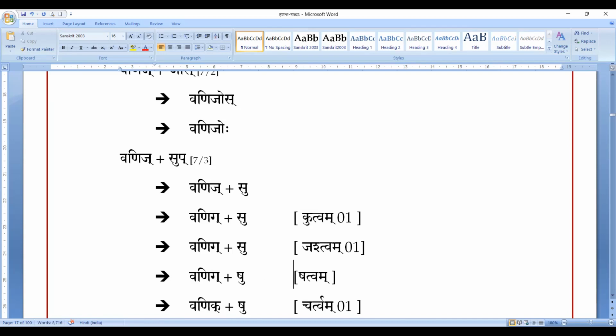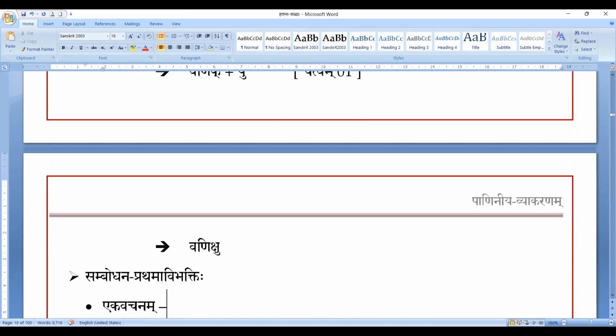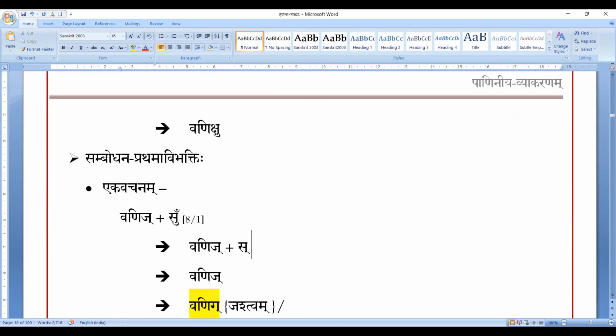So for all Chavarganta Shabda, Chakaranta, Jakaranta, you can easily decline. Sambodhana is simple, nothing happens. For Jalamuch, you can see: Vanij plus su, this su goes away. Therefore you have Vanij, which is a Padam.